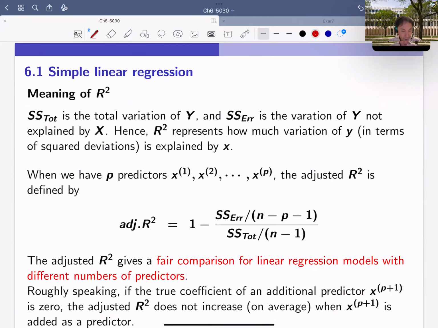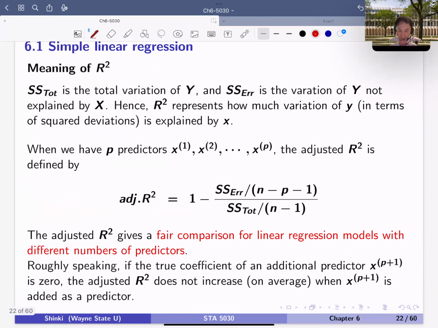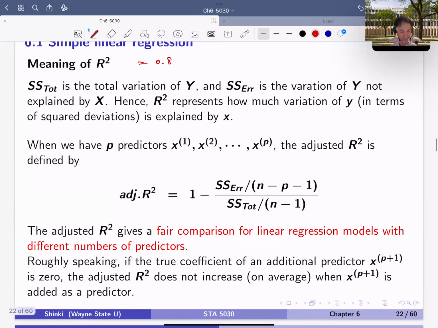Meaning of R square: SS total is the total variation of Y. SS error is the variation of Y not explained by X. So R square represents how much variation of Y, in terms of square deviations, is explained by X. So if R square is 0.8, we can roughly say that X explains 80% of the variation in Y.